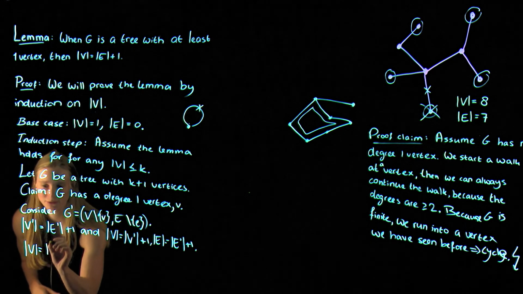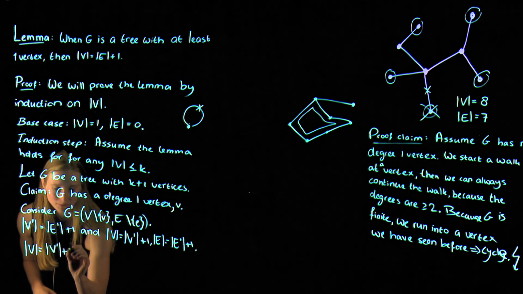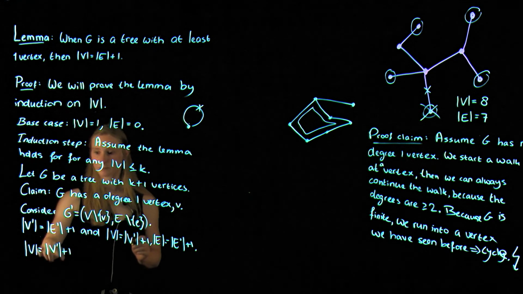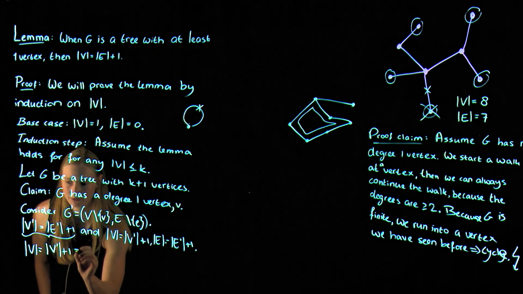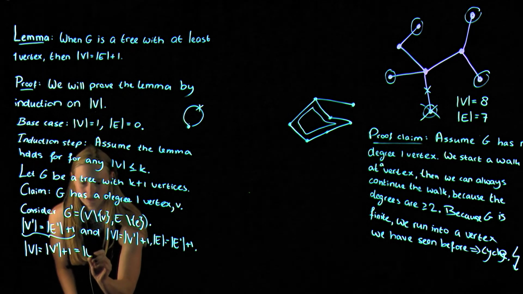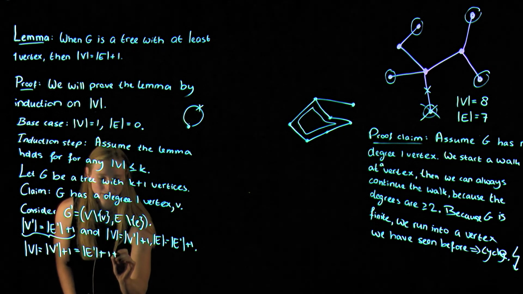So that is equal to the size of V prime plus 1. For V prime, we can use this statement here. So this is equal to the size of E prime plus 1, and we have this plus 1 here as well.